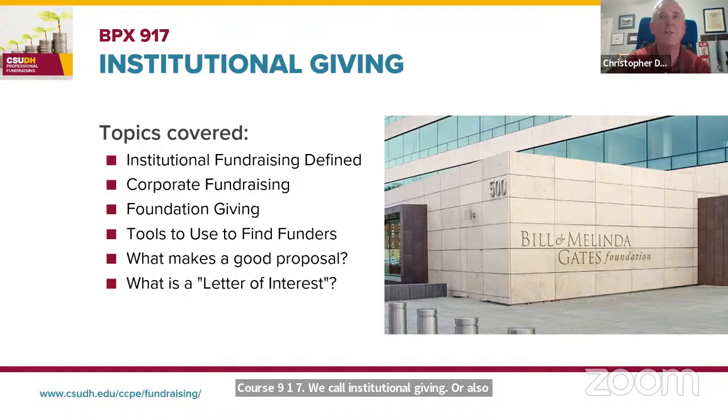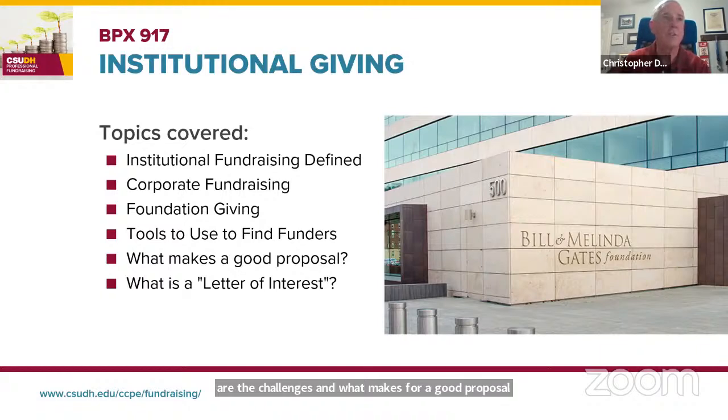This course will cover fundraising from institutions such as corporations and foundations, along with other giving entities like churches, houses of worship, civic groups, and other organizations that donate to charities. The focus will be on how do you approach institutional funders, what are the opportunities, what are the challenges, and what makes for a good proposal.